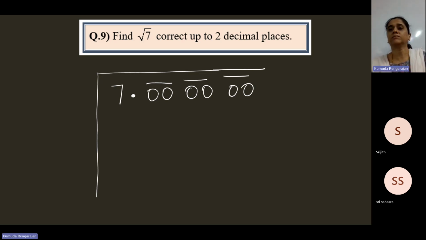Yes, Navneet. Ma'am, the answer is 2.51.